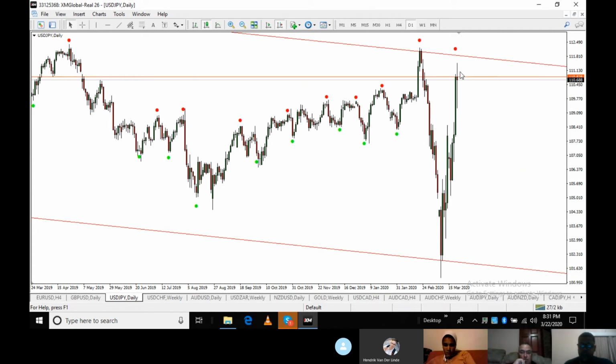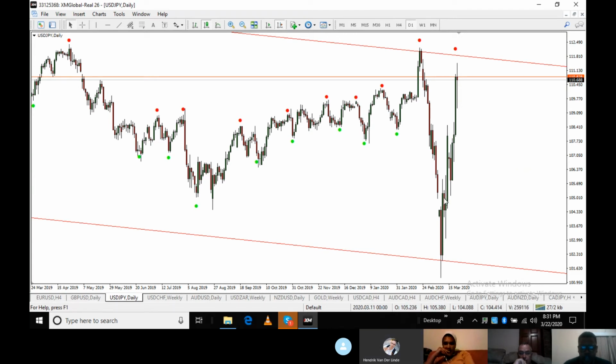Whenever I see candles like this with big wicks to the upside and the downside and a little body, that tells me the market closed really indecisively.